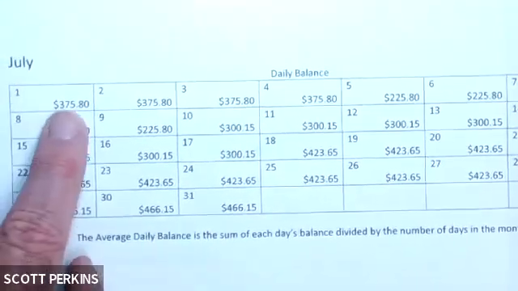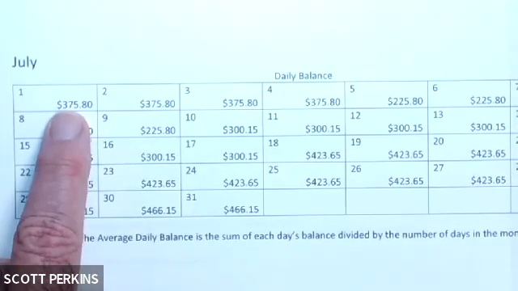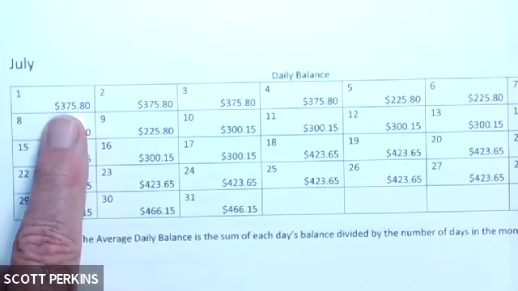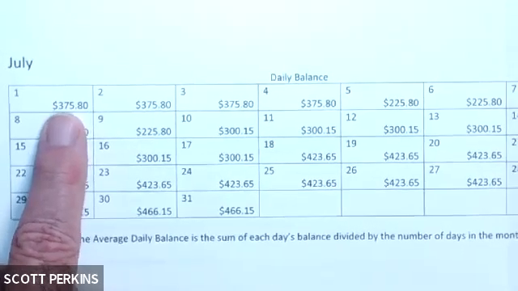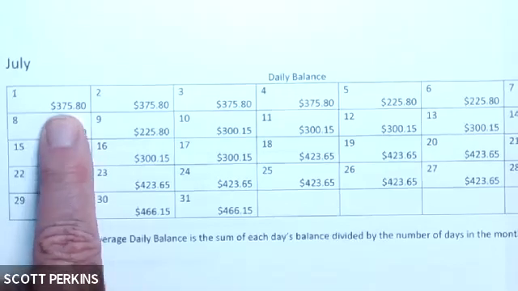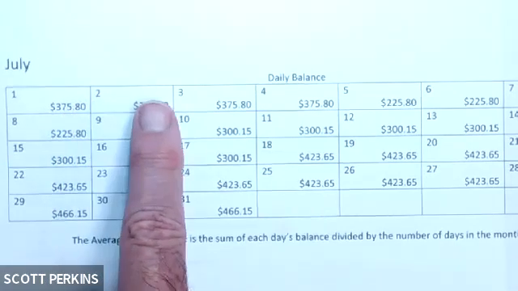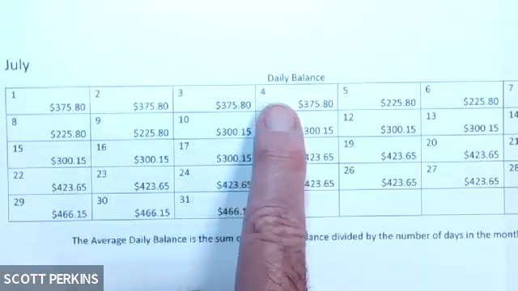We're told at the beginning of the problem that Brenda's balance on July 1st was $375.80. And then we were told, if you're reading along with the problem, on July 5th, she makes a payment. So according to this fairly simple situation, remember, simple is not easy. Simple just means it's not super detailed. According to this simple situation, Brenda's balance changes on the 5th. So it's $375.80, $375.80, $375.80, $375.80.